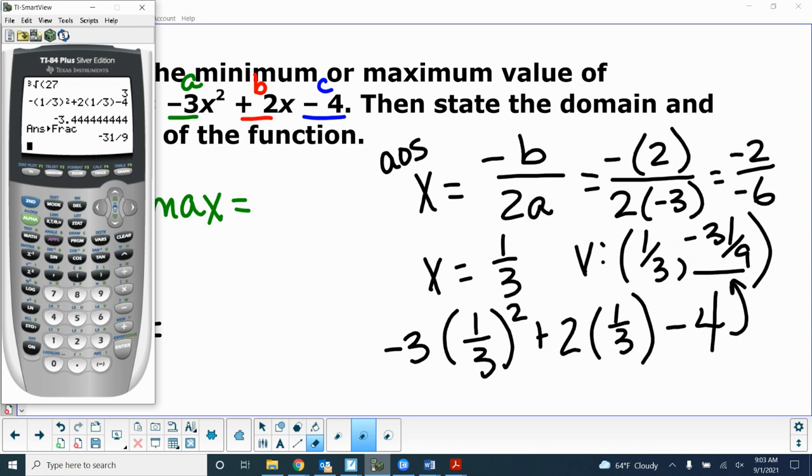All right. So I'm going to hit second, enter, and put a 3 in there. All right. I'll get it right here in a sec. Is that better? Yeah. That's what you guys got? So it's negative 3.6 repeating.